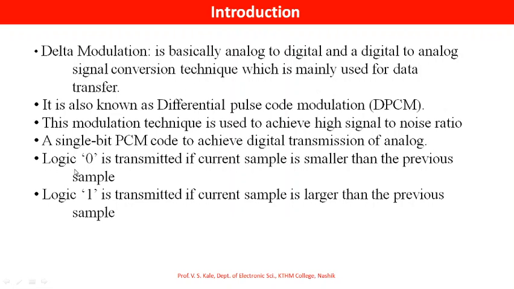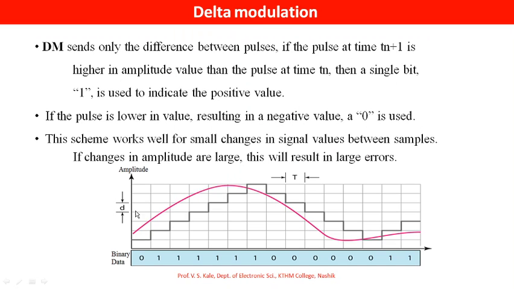Here, logic 0 is transmitted if the current sample is smaller than the previous sample, and logic 1 is transmitted if the current sample is larger than the previous sample. Delta modulation sends only the difference between pulses.